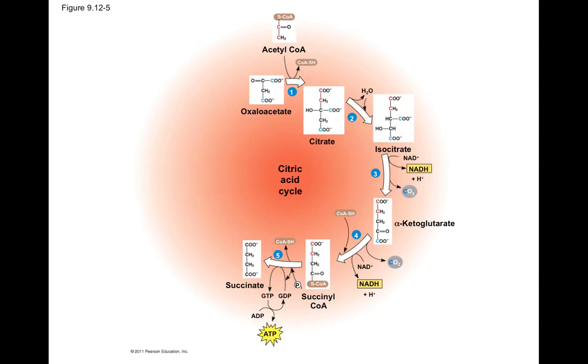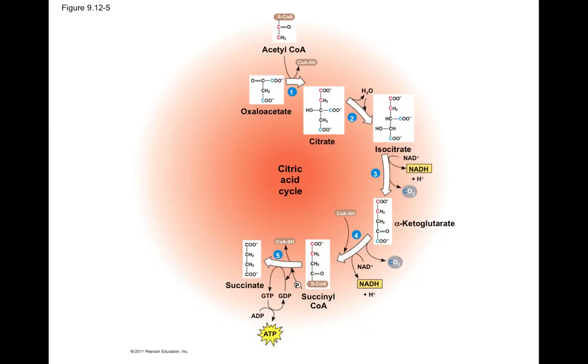And you can see here we start with GDP, which is guanosine diphosphate, and we can form GTP, which is guanosine triphosphate. Now this is another nucleotide, so it's basically just like adenine.